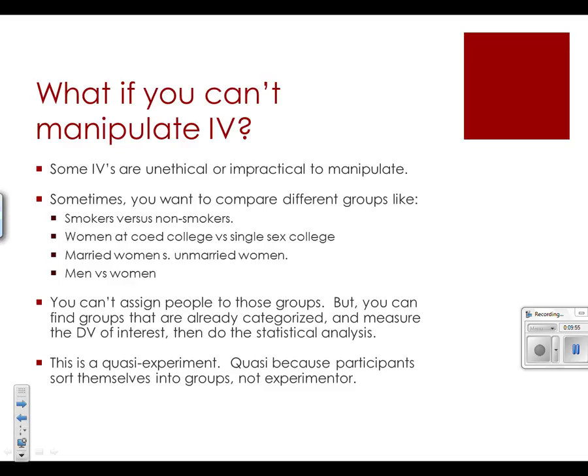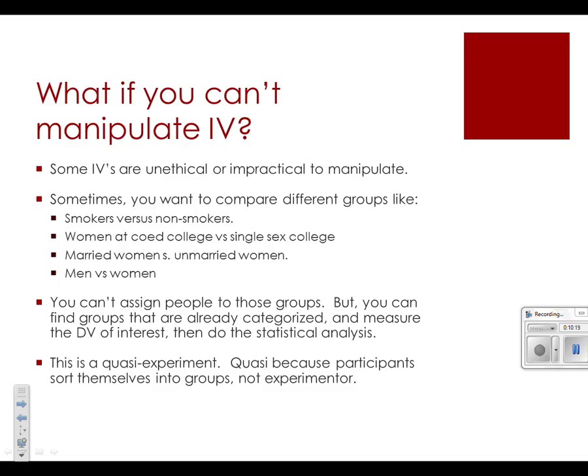Now, sometimes there are independent variables or factors or things that could influence behavior that you can't test experimentally because it is either impractical or unethical to manipulate that particular variable. For instance, sometimes you might want to compare, let's say, smokers versus non-smokers.